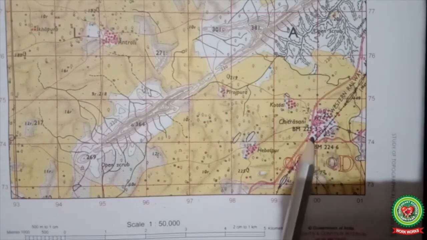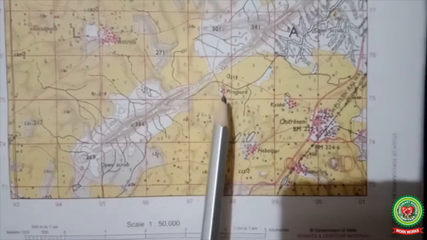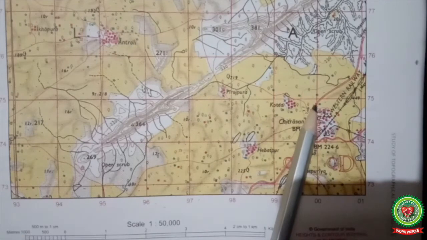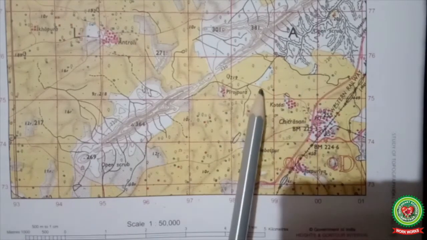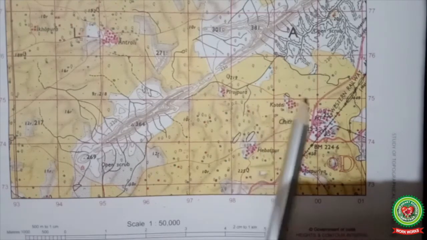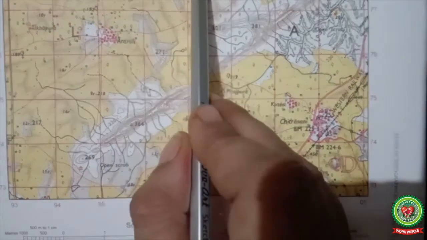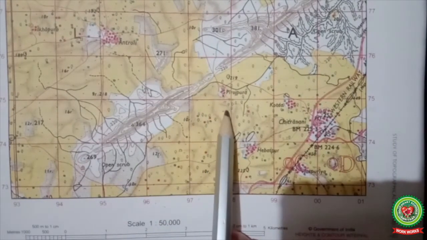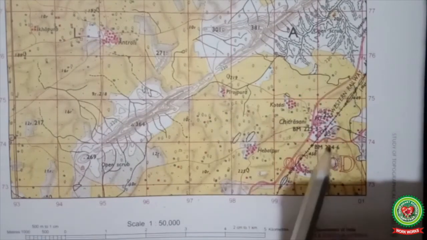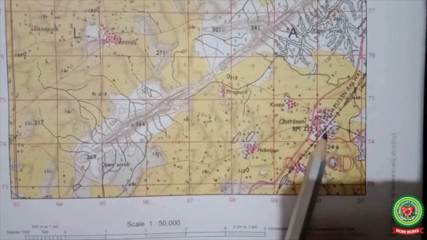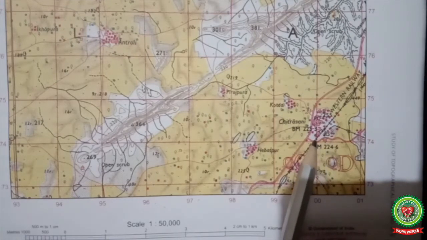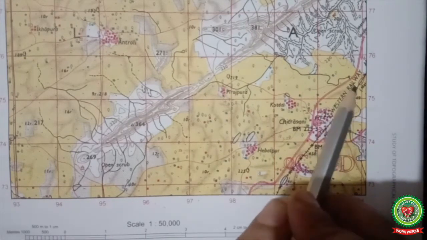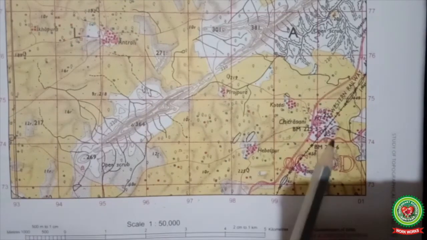So here in this part of the topographical map we can see that there are well developed means of transport, like metal roads indicated by a red broad line, cart tracks indicated by red thin lines, a pack track indicated by a single red broken line, and a railway line with a station indicated by a black line divided like this with the letters RS beside it.